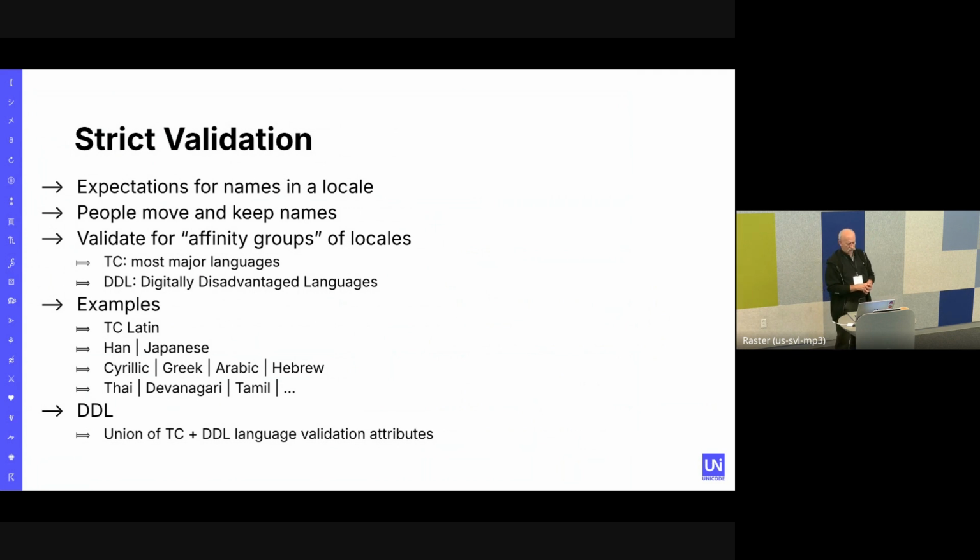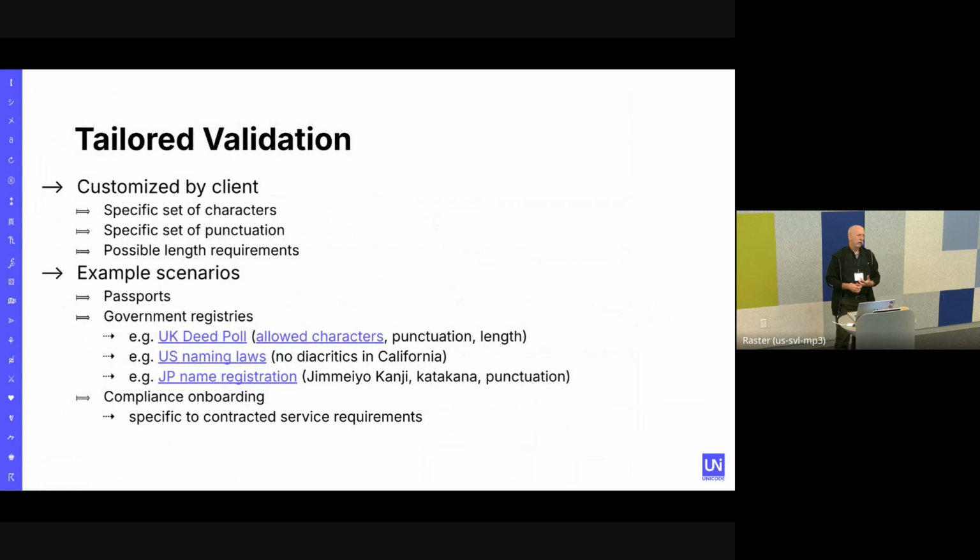For the digitally disadvantaged languages, I mentioned it would be the union of what you have, so TC and any additions for digitally disadvantaged language attributes that might be in addition to what you have for the core. So a tailored validation would be customizable by the client that uses the validator. If they have a specific set of characters, a specific set of punctuation, or possible length requirements.